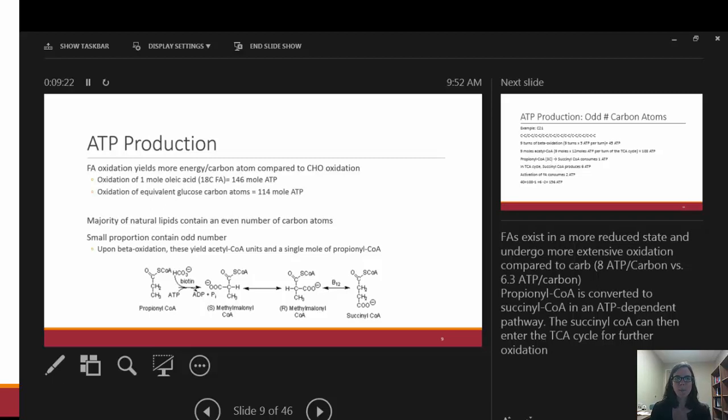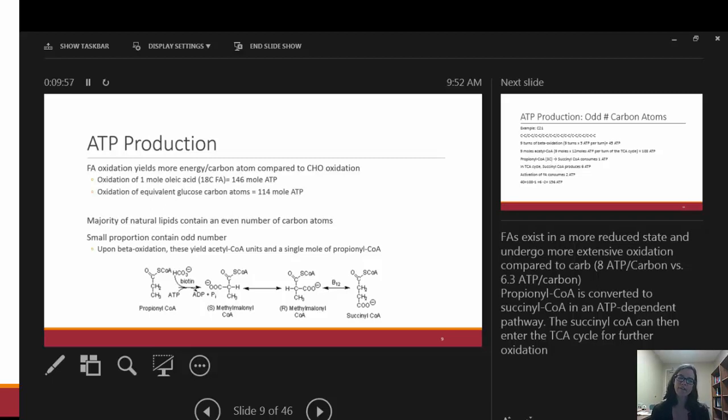Now, in nature, most of the lipids we encounter have an even number of carbon atoms, so C18, C16, C20. However, we also have some fatty acids that have an odd number of carbon atoms, and this makes for a little bit different energy production. Upon beta oxidation, when these odd number carbon fatty acids go through, we still lyse these 2 carbons off to produce acetyl-CoA.